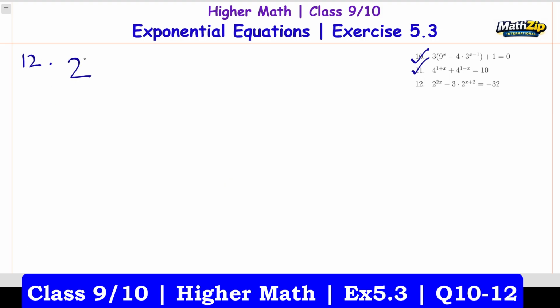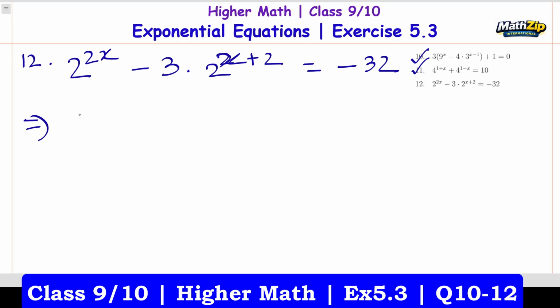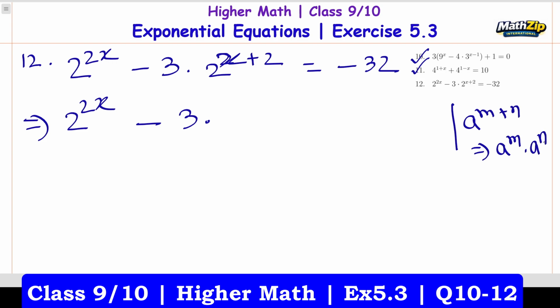12: 2 to the power 2x minus 3 times 2 to the power x plus 2 equals minus 32. So first, we know a to the power m plus n can be written as a to the power m times a to the power n.